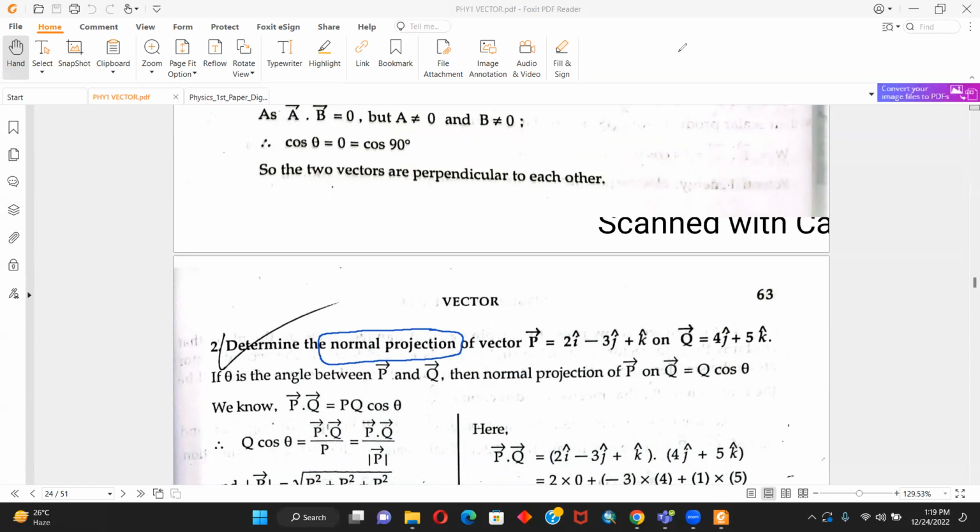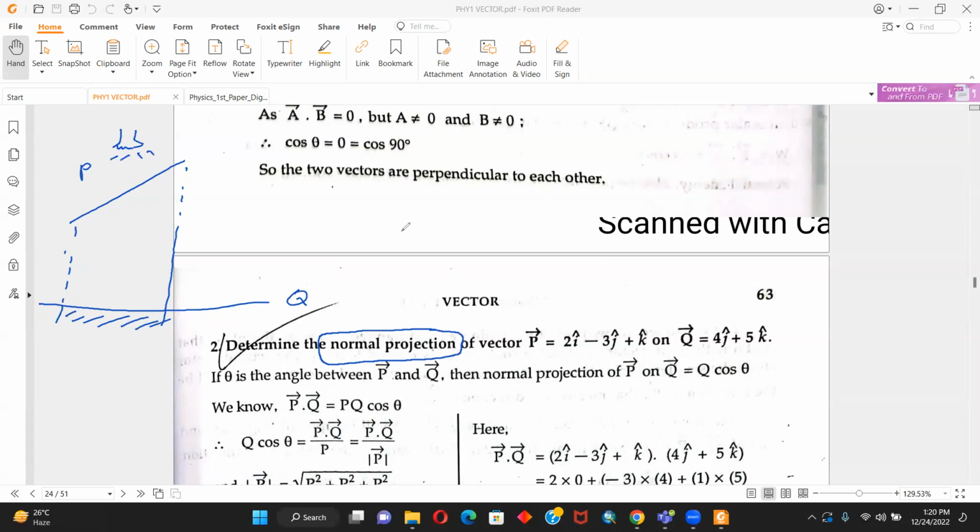It's better if you remember it, but let me try to explain it a little bit. This is the ground, which in this case is Q, and this is P. If I shine a torch, we will get various shadows, and some portion will be here.